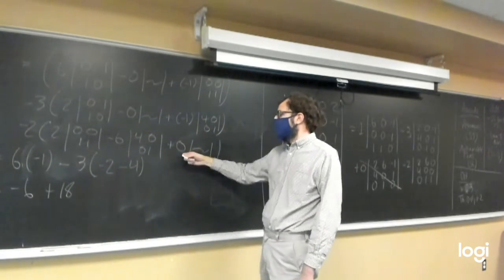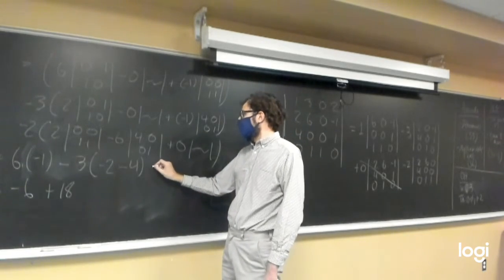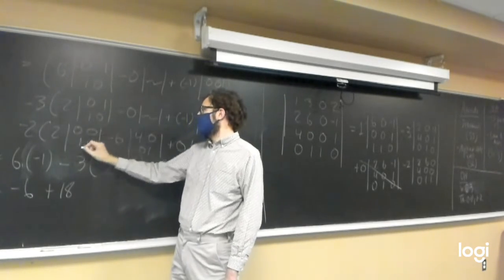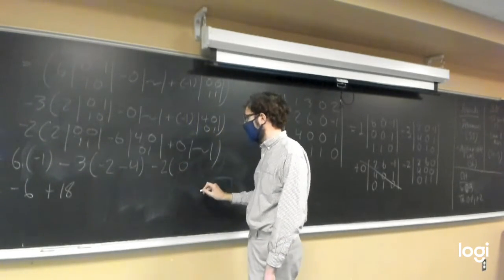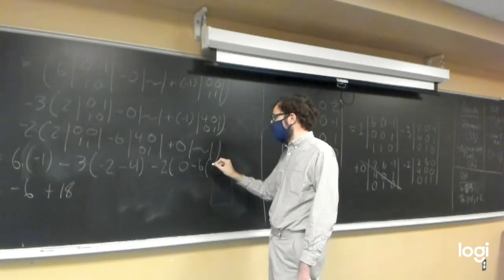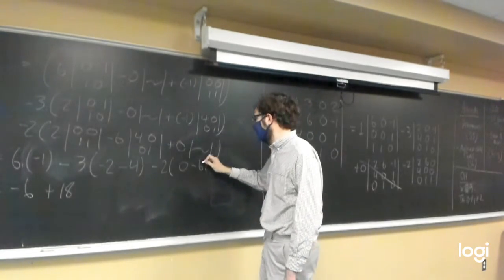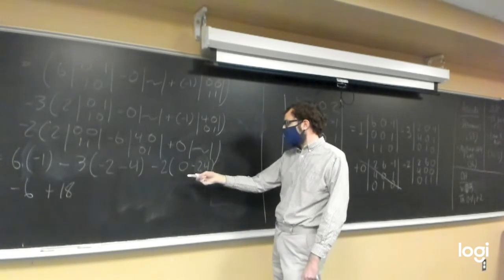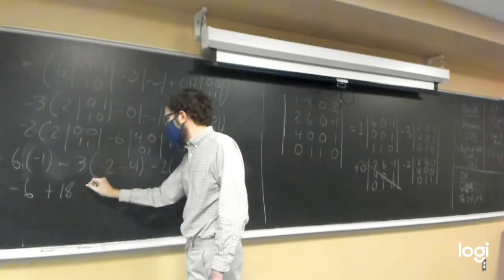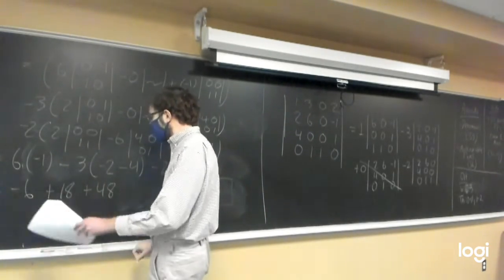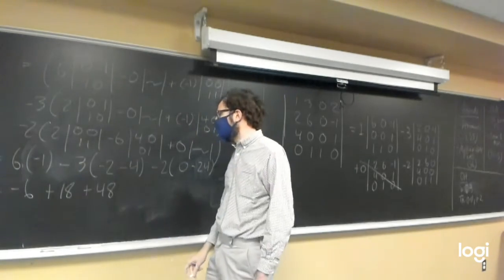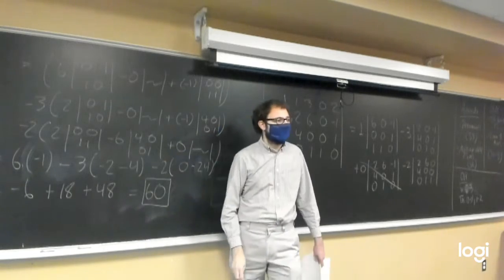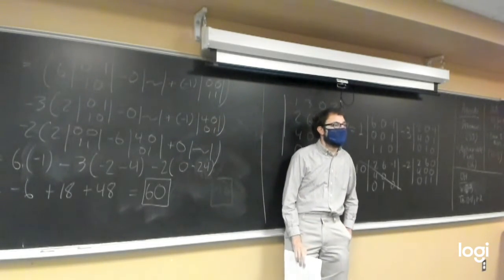And finally, this last line becomes minus 2 times the expression 2 times 0 minus 0 is just going to be 0, minus 6 times the expression 4 minus 0. So minus 6 times that becomes a minus 24. And then negative 2 times a negative 24 becomes a positive 48. Negative 6 plus 18 is positive 12 plus 48. It's going to give us a positive 60 for our determinant.